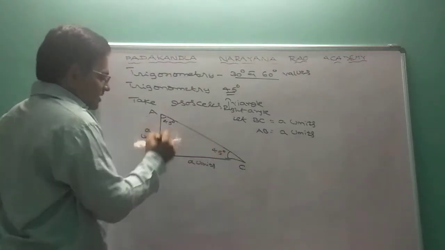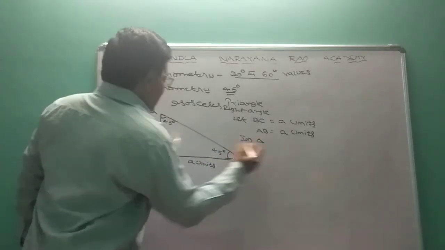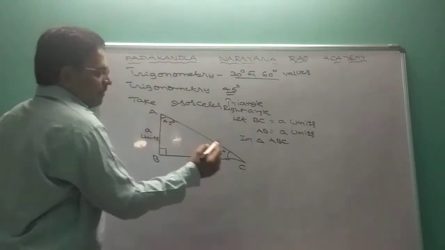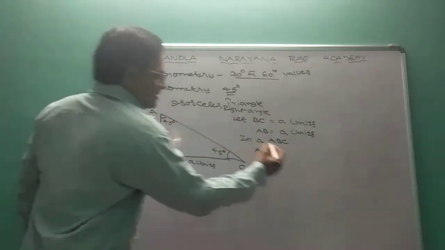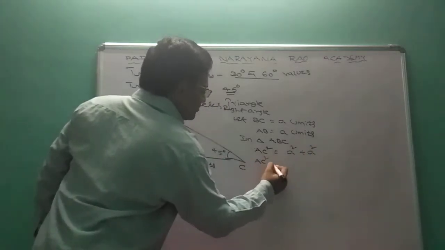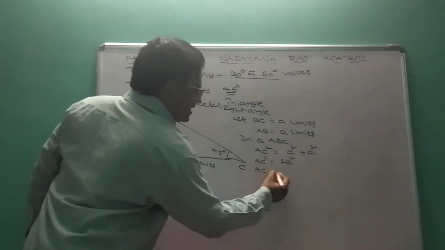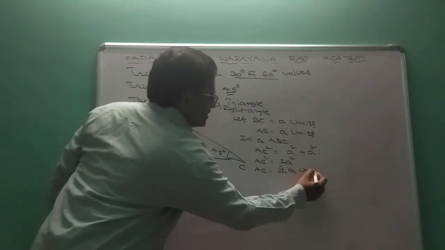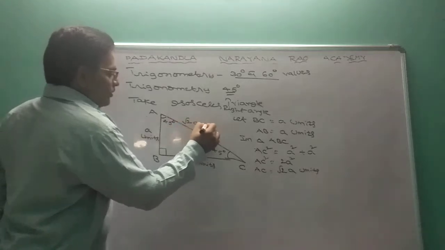Now in triangle ABC, you know already, hypotenuse square equals side square plus side square. That means AC square equals A square plus A square, 2A square. Now AC equals root 2A units. That means hypotenuse will be root 2A units.